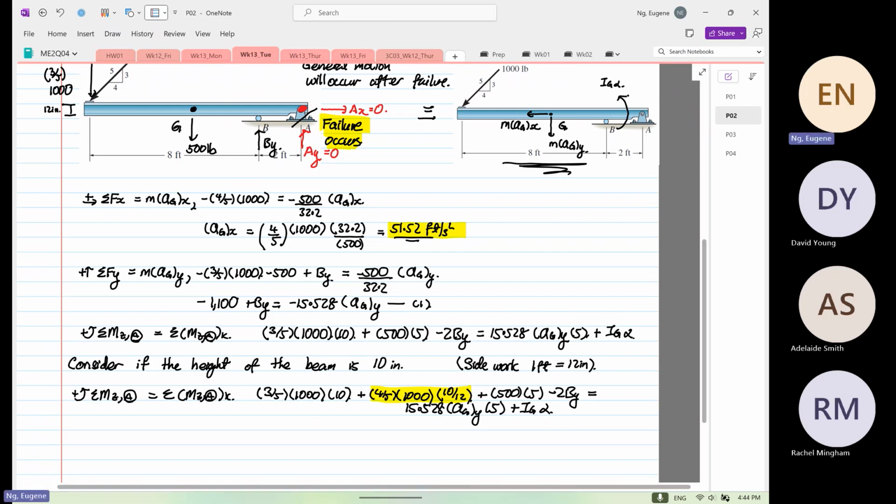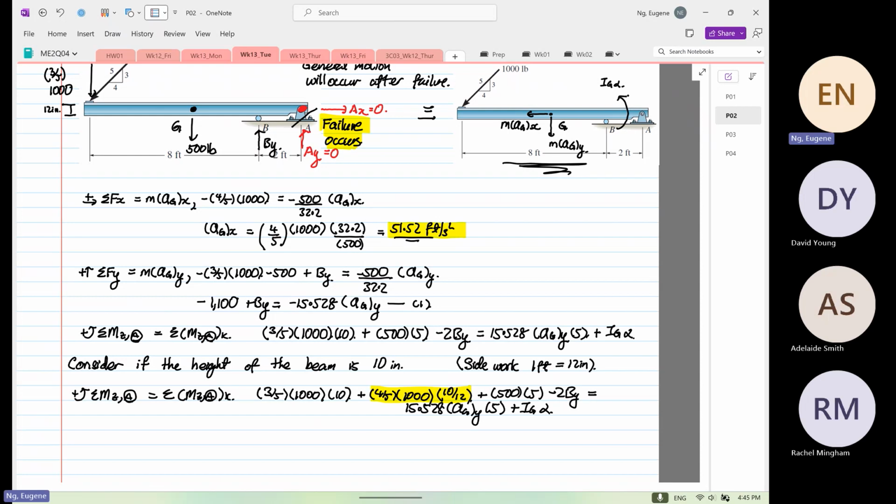Straightforward. Later on, when you do 3A, a lot of times the thickness has to be considered. Yes, sir. Say it again. It's exactly at the center. Exactly.